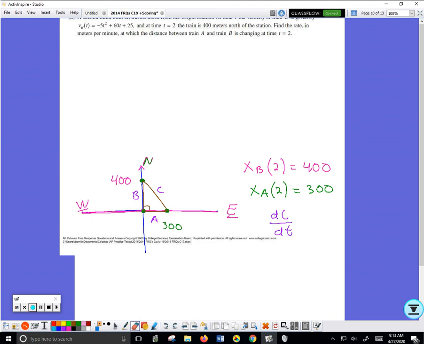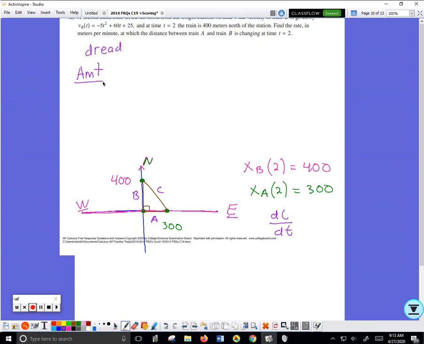Okay, so it's a related rate problem. Let's see, Danica's chart, amounts and rates. So the amounts are the distances. The distance of train B, or you can really forget about it as being trains.